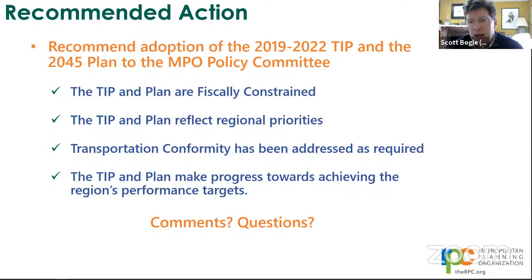As Dave summarized earlier, the TIP and the plan are fiscally constrained. We feel that they reflect regional priorities. Transportation conformity has been addressed. And we feel that the project listings in both the TIP and the plan make progress towards achieving our performance targets and our regional goals as they're lined out in the plan.